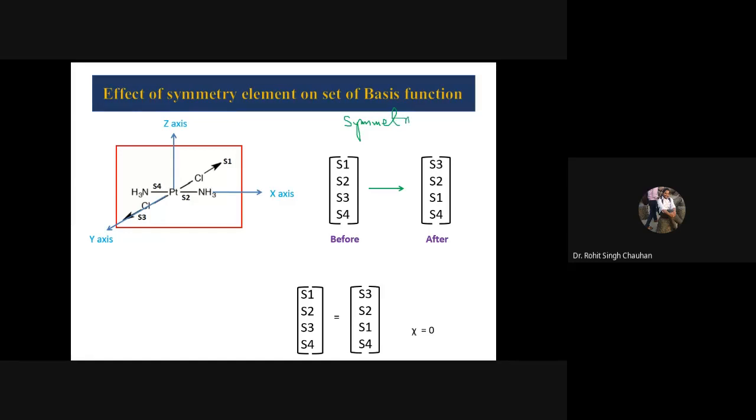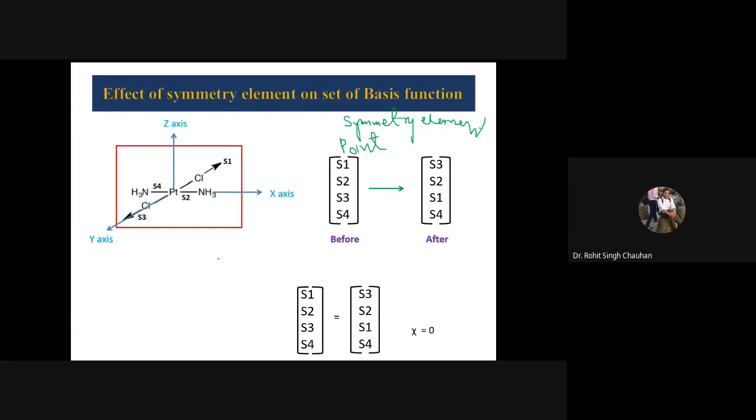So first is the symmetry elements. Second thing is the point group. Of course, you will be able to get it. After the point group, you should depict all the symmetry elements present in that particular molecule and also fix the axis.